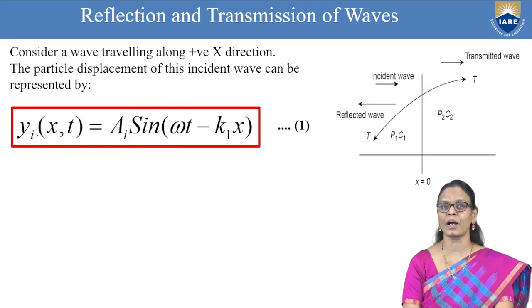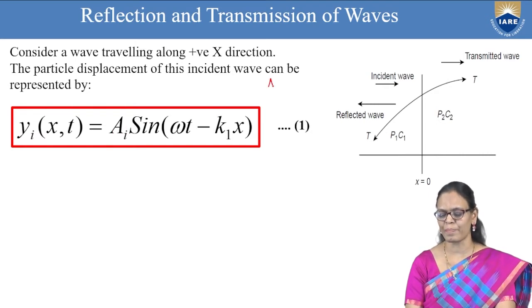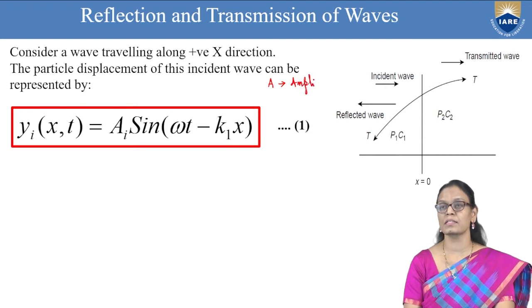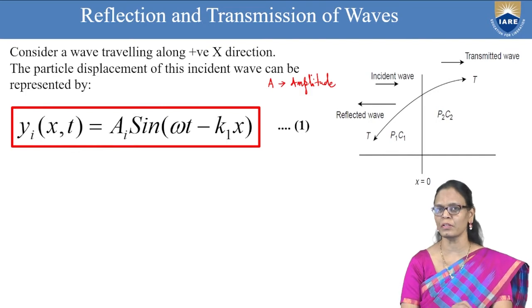So we are talking about the displacement of the incident wave, which is given by Ai. Again, A here represents the amplitude, that is the maximum displacement from the mean position. A suffix i represents the incident wave, sin(omega t minus k1 x).